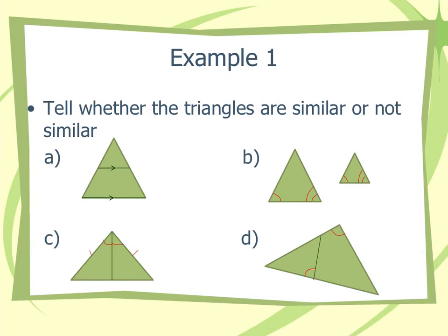Now, sometimes the figures that are given are not obvious, and we may have to reach back to prior knowledge in order to find two angles that are congruent. A lot of times when the triangles are sitting on top of each other, they usually share an angle.